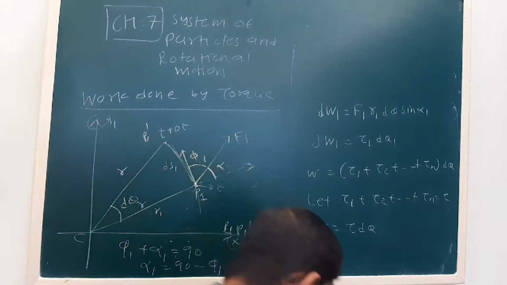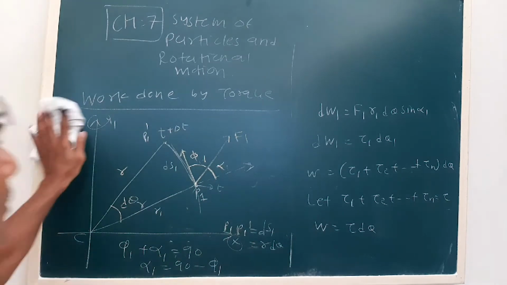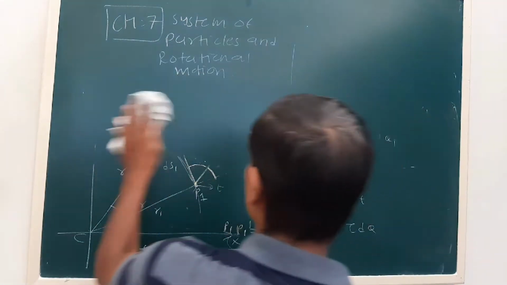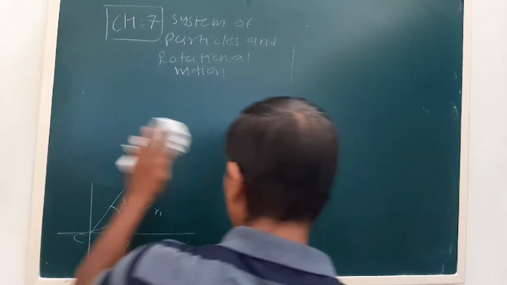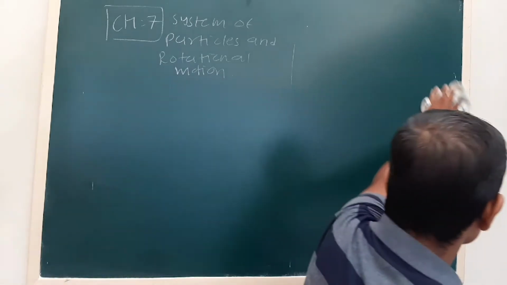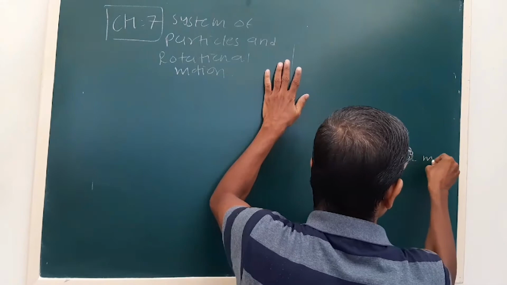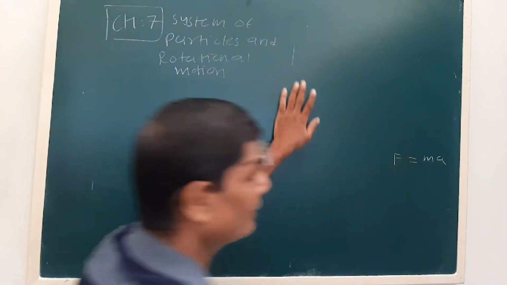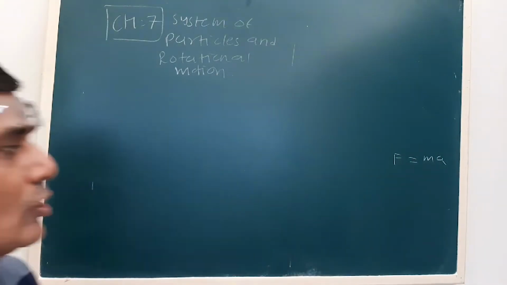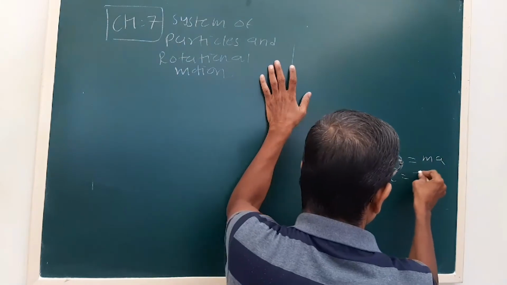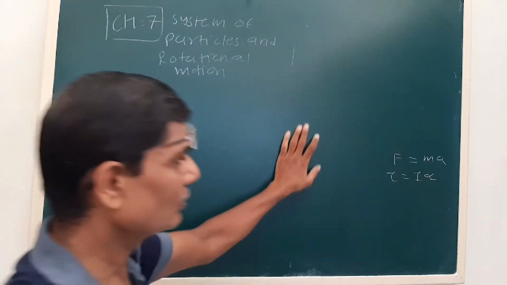Now this can be asked in a 2-mark question. Next, we have to prove that torque is equal to I alpha. In linear motion we had the equation F is equal to ma. The corresponding equation in rotational motion will be I into alpha.